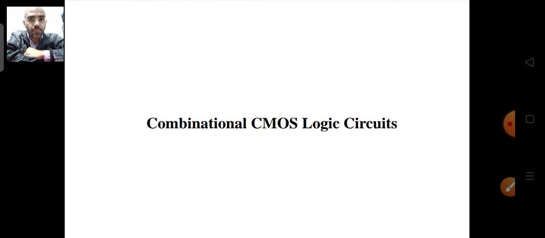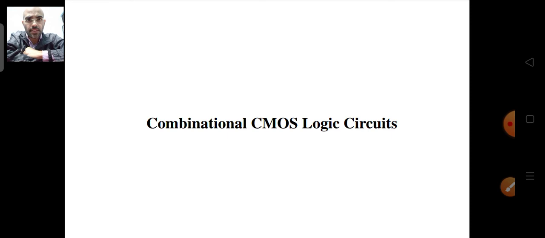But the complex circuits which we use are not just inverters but other circuits as well. These circuits are classified as combinational circuits and sequential circuits. Here, in the last unit, we are going to see the combinational circuits only, not the sequential circuits.